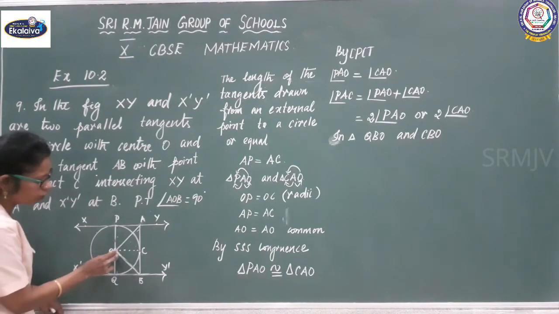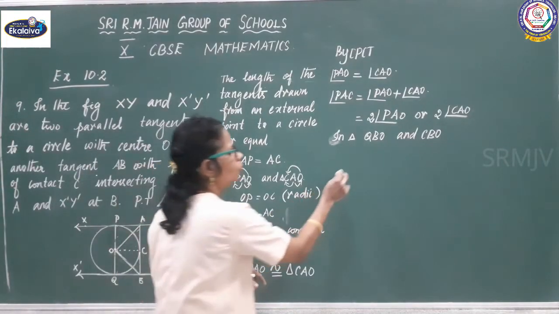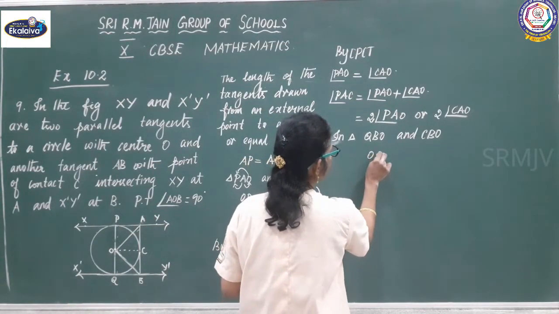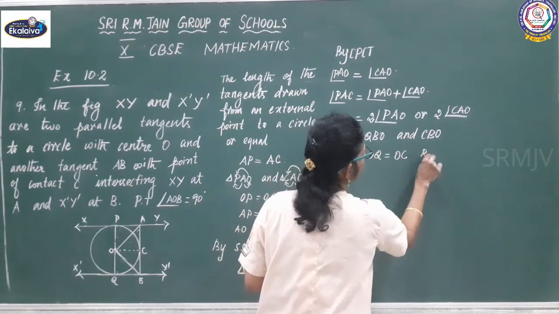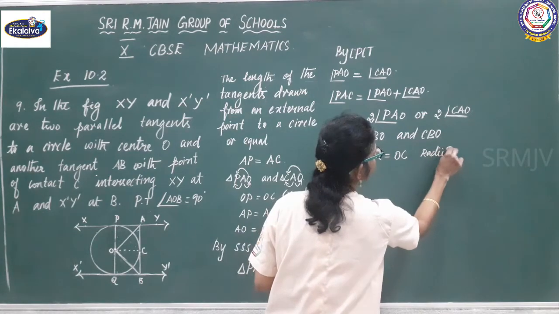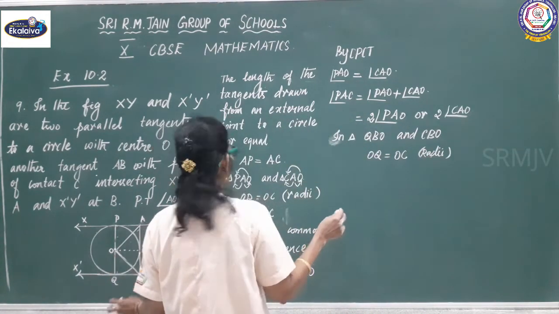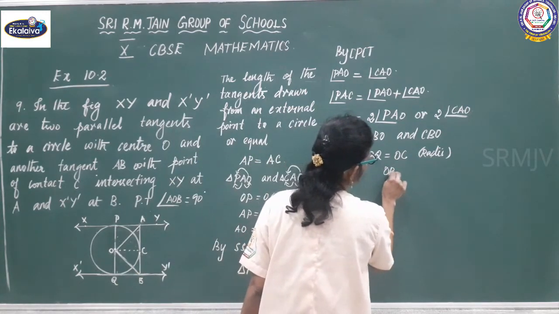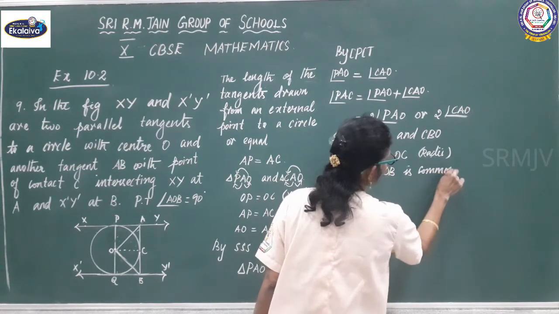Here also what is it? OC and OQ are radii. OQ equal to OC, radii. Next, which is common? OB is common.